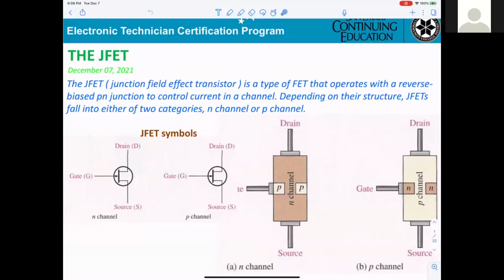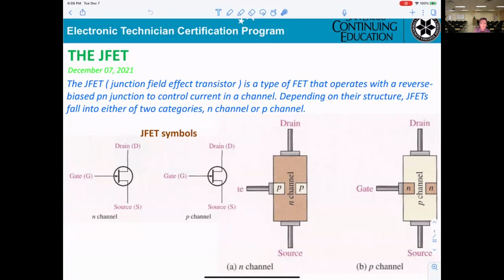The direction of the arrow. Exactly. Look at the arrow. This arrow is coming in, and this arrow is coming out. Very simple thing, but you must know. Like the bipolar transistor, how do you recognize NPN or PNP?